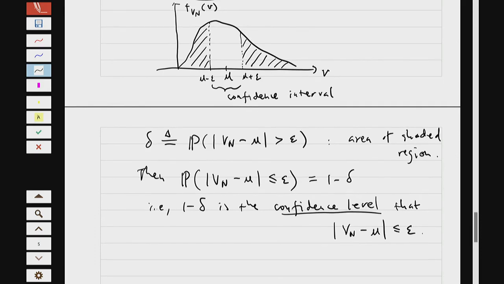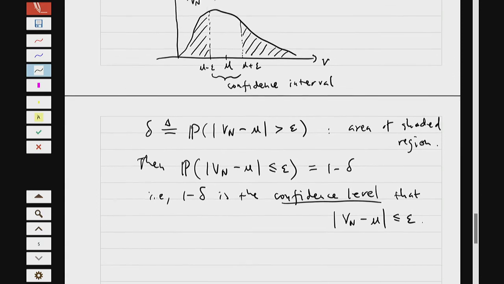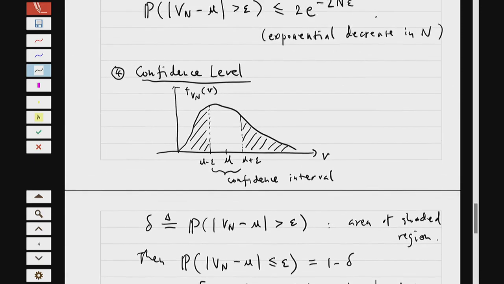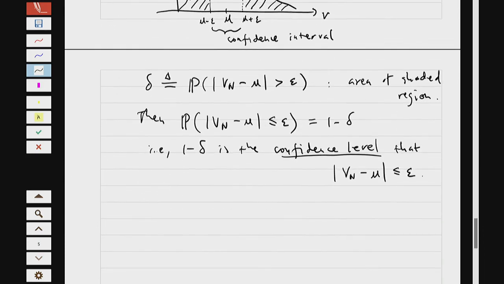Everyone still with me? Any questions? So then, given this, remember our Hoeffding bound is this one. If we set the right-hand side equal to our delta, that's the worst case delta. The Hoeffding bound says it's at most that one, so let's set this as the worst case and see what happens.